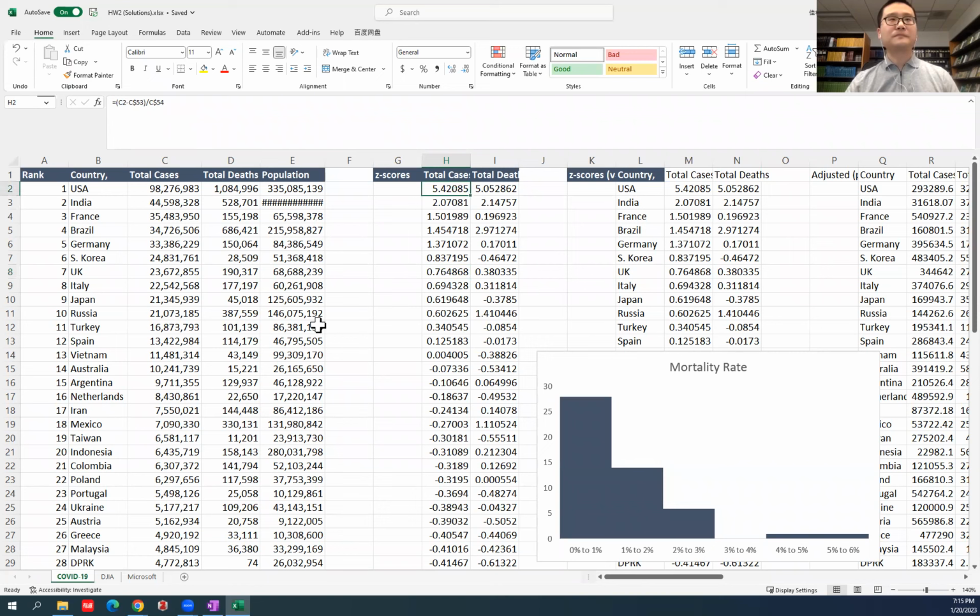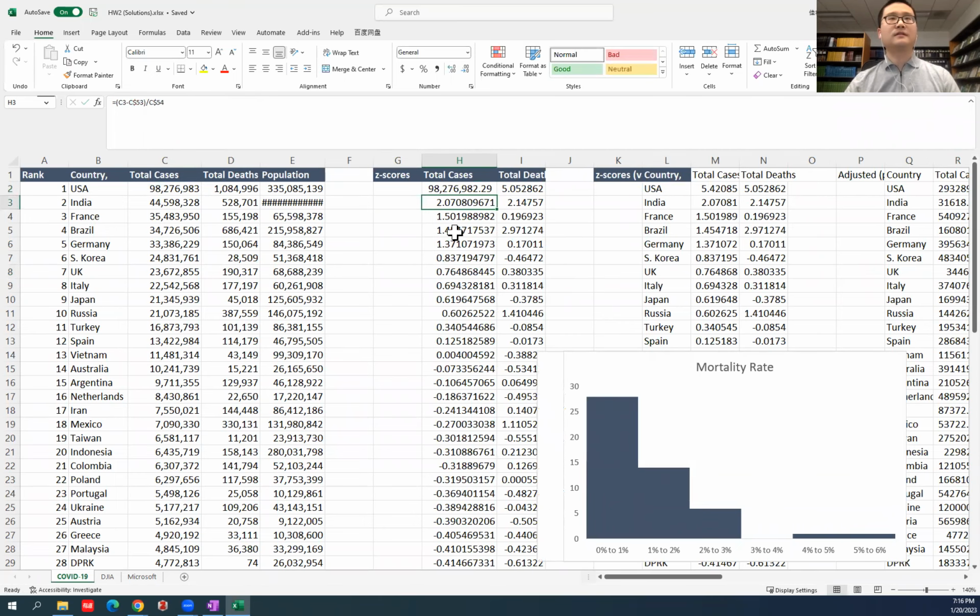For example, for USA, if we did not use these parentheses, notice that currently the z-score for total cases for USA should be about 5. If we remove the parentheses, you notice that the calculation goes wrong. It's 82 million, well, 98 million.